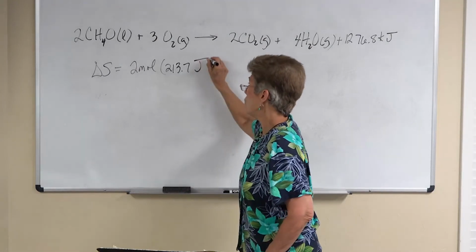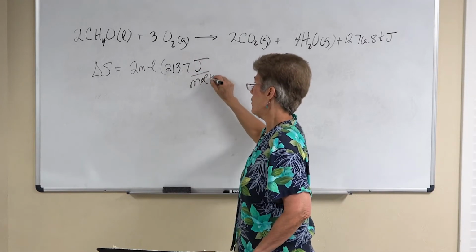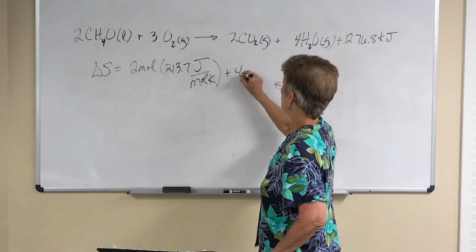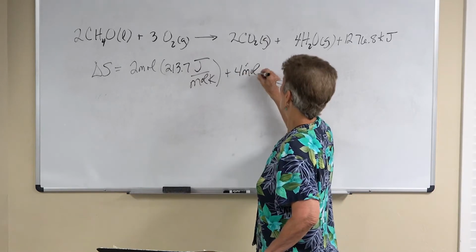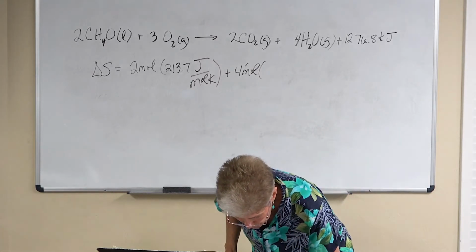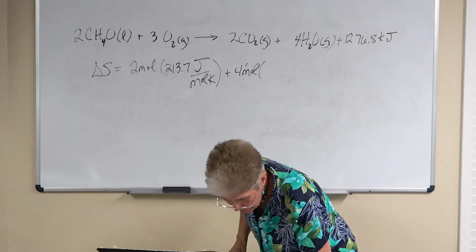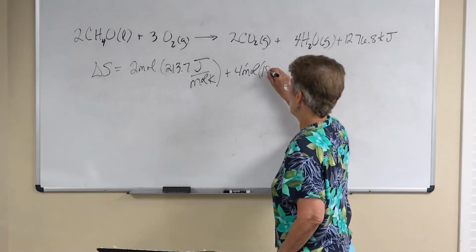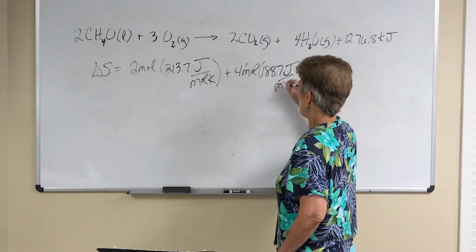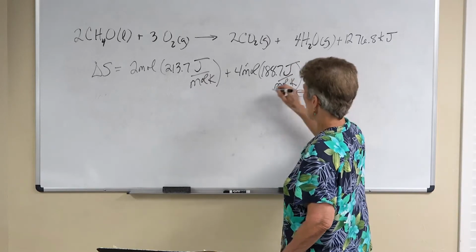This is joules per mole Kelvin. Be careful, not kilojoules. Okay, now we've got plus 4 moles of water, and this is water vapor, so we look on our chart and it's 188.7 joules per mole Kelvin.